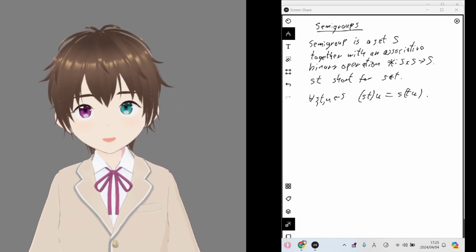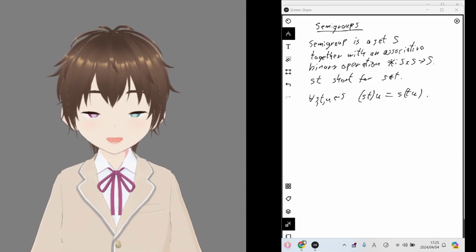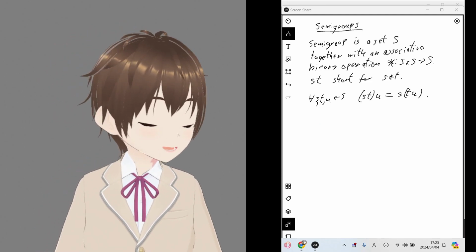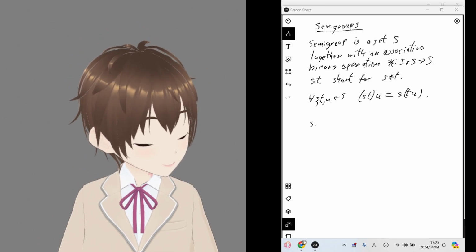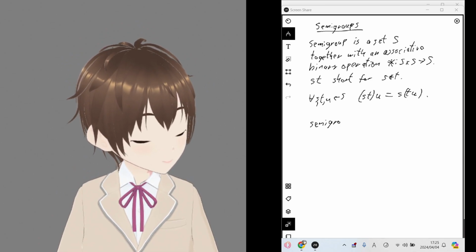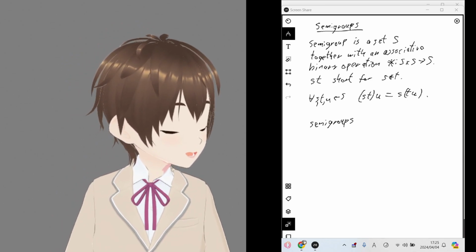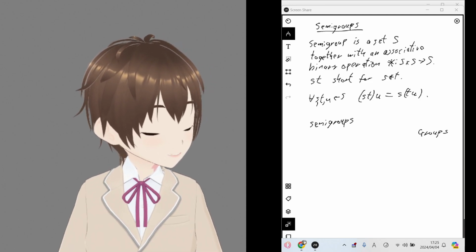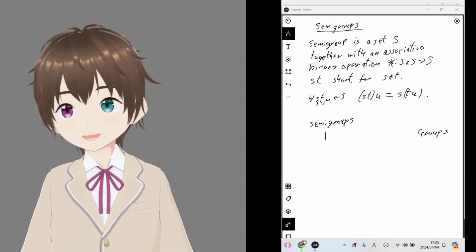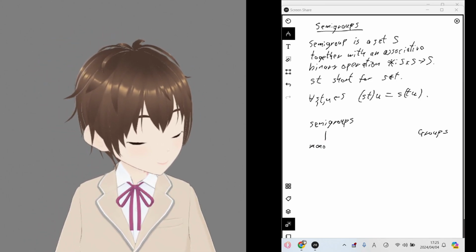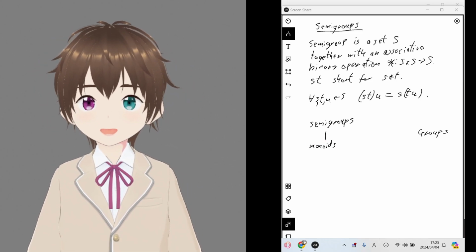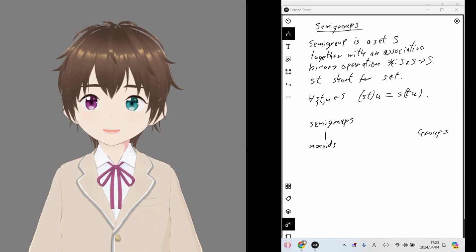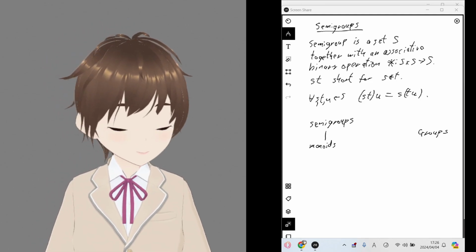So there are lots of words which describe similar classes of algebras. So we have semigroups here. I've mentioned groups already. Semigroups are closely connected to these things called monoids. So monoids are like semigroups, except we have the additional assumption that there is an identity element.